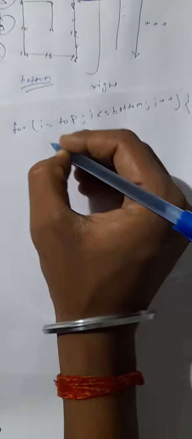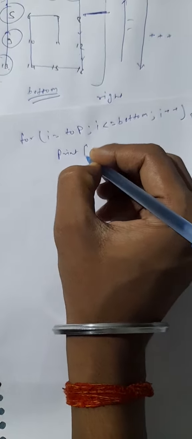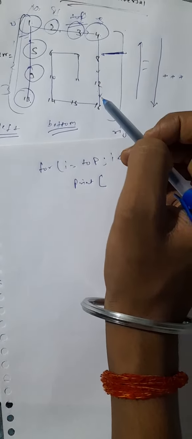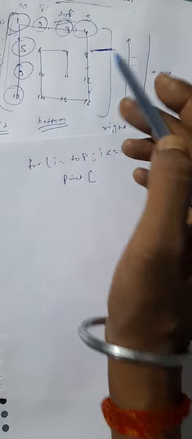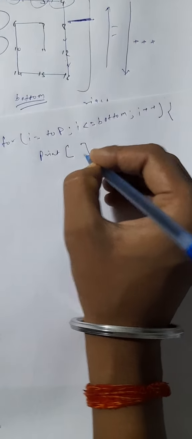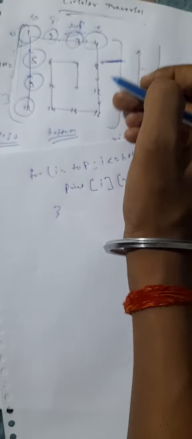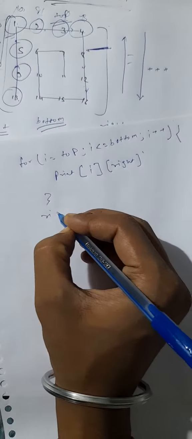And what we have to print, you can see the value of column remains the same and only the row value changes, so i and right. This is the right pillar, that's why right minus minus, because when we go left to right it was plus plus, now right minus minus.